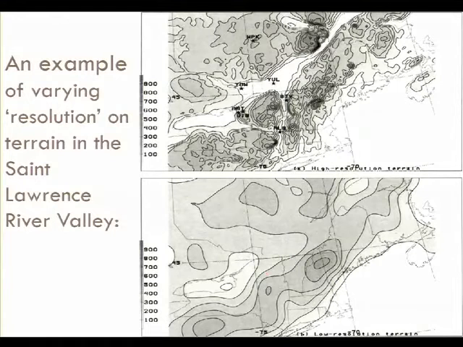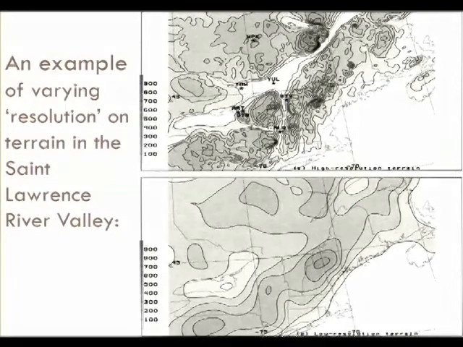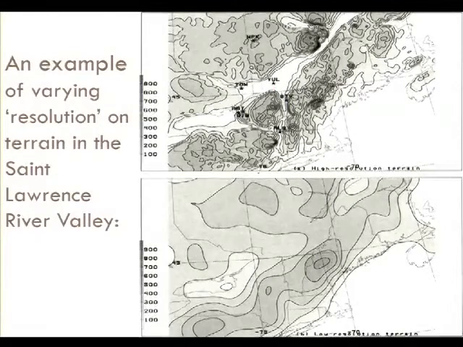In the lower one, the model doesn't even see that there's a valley. And on the top, we can clearly see that it's inside of a valley. The fact that the model can't see that Montreal is inside of a valley can really change the weather that it forecasts. Specifically, today is a great example. We've had freezing rain, ice pellets, and snow all across the board so far today.